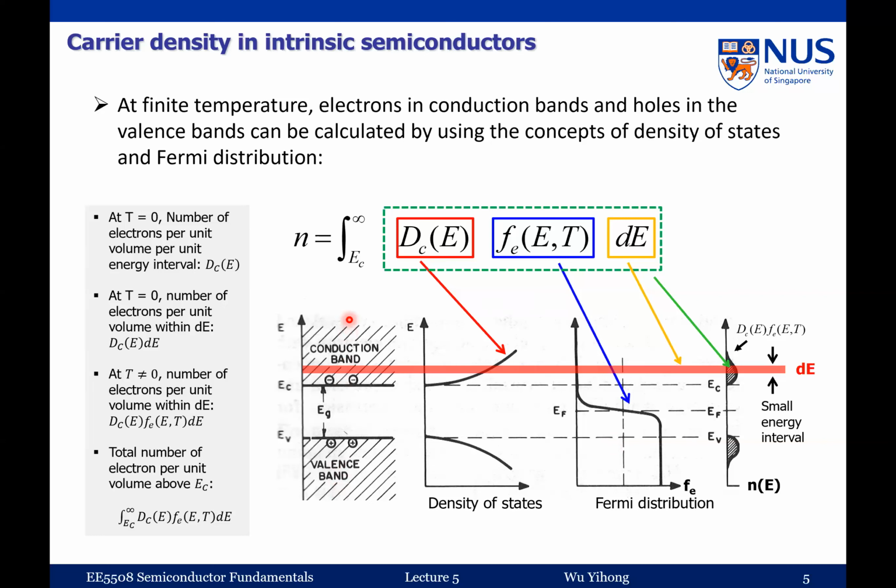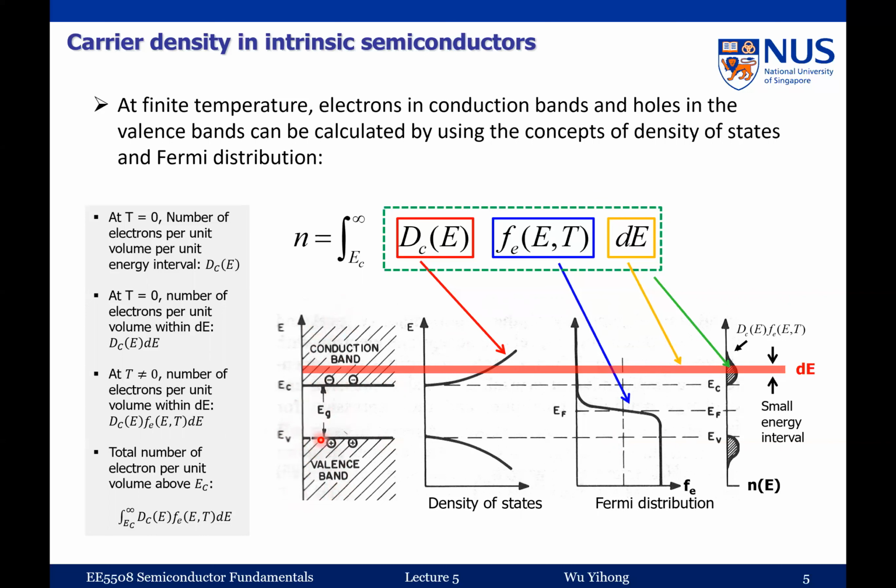So basically, what's shown here is just the band diagram. We have a valence band edge and the conduction band edge, and this is the band gap. All right. The vertical axis is energy. As we explained in the previous lecture, you can put your energy reference, for example, here.